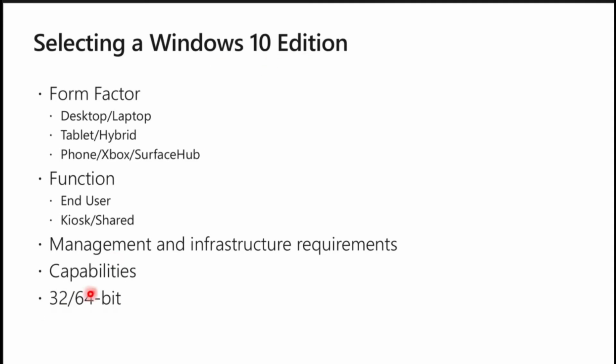So Windows 10 comes in 32 and 64 bits. 32 bits means 32 ones and zeros. And 64 bit means 64 ones and zeros. So these operating systems come in two different bit versions. 32-bit will be a bit slower, but 64-bit will be a bit faster.